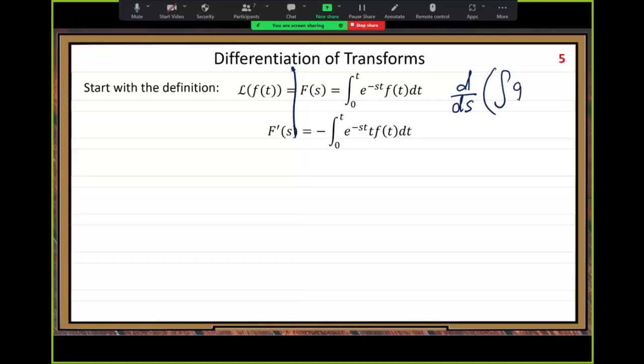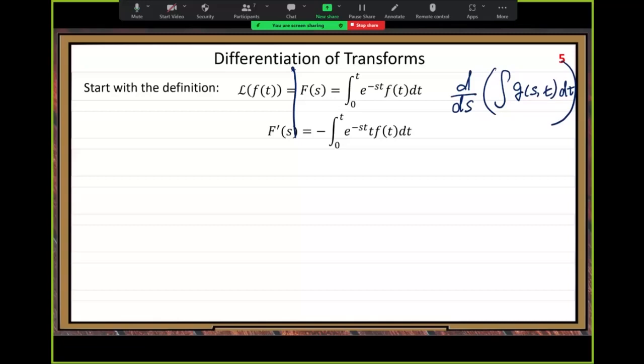Here you have a function, let's say g of s, t, dt. That function has one variable s, and another, the dummy variable for the integral.